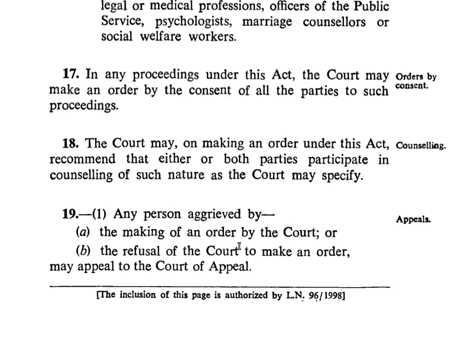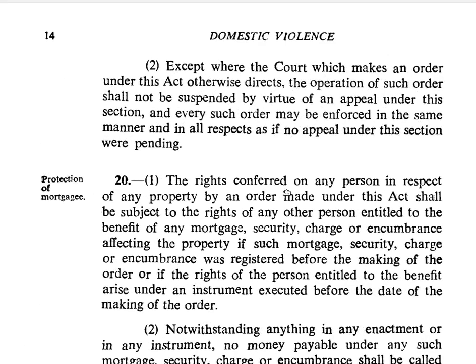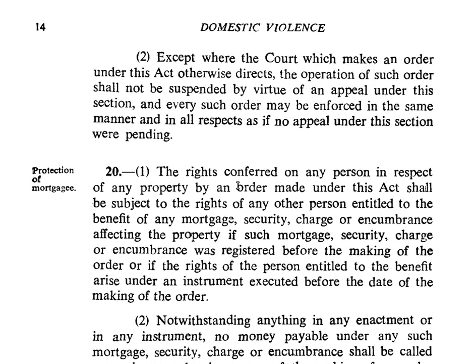Alright. Section 19, appeals. Subsection 1. Any person aggrieved by a. the making of an order by the court, or b. the refusal of the court to make an order, may appeal to the Court of Appeal. Subsection 2.